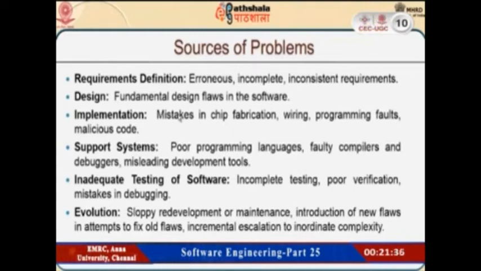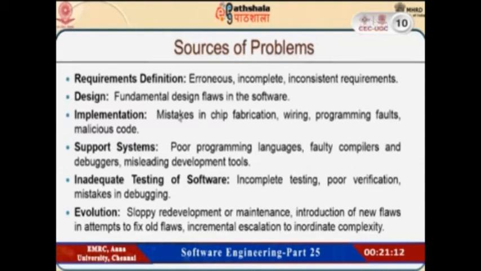And not only that, at the support system level, like use of poor programming languages, people sometimes don't use optimized programming languages, which might also take us to erroneous software. So faulty compiler and debugger, misleading development tools also might take us to a defective software level.